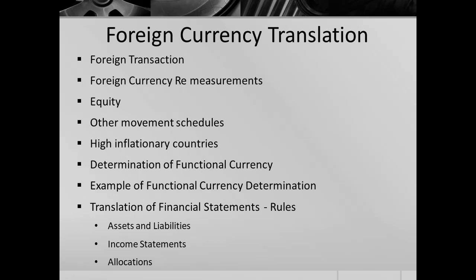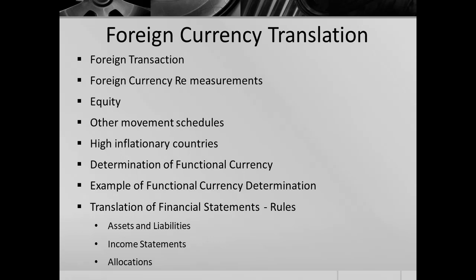Then, translation of financial statements and the rules for translating financial statements. What are the rules? Translation is the process of converting the financial statements of an entity, for consolidation purposes, into the reporting currency of a business. Translate the financial statements using the following rules. The first rule is assets and liabilities, which are translated using the current exchange rate at the balance sheet date.